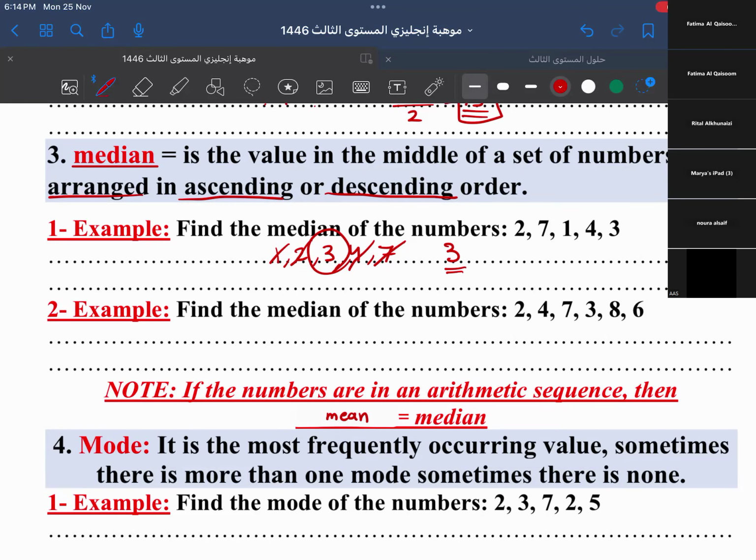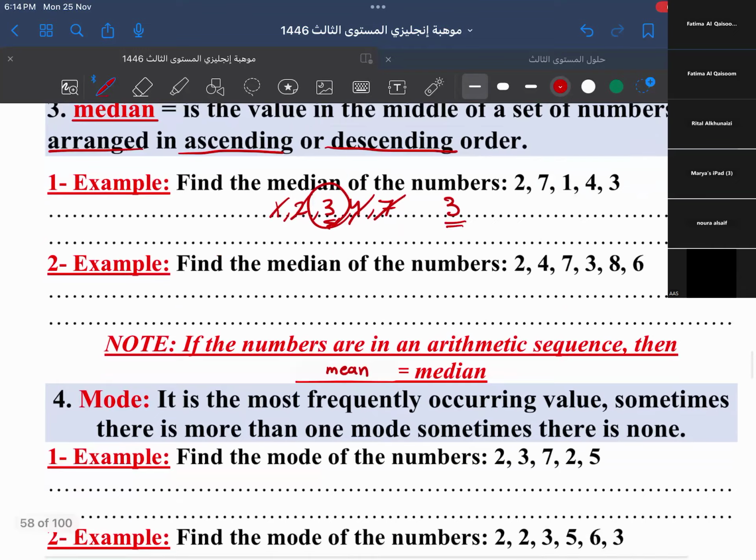Here I had one number as the median, but let's see the next series. Anyone can help me find the median? Ammar, you want to try? I think the answer would be 7 or 3 because the median is always the middle number.